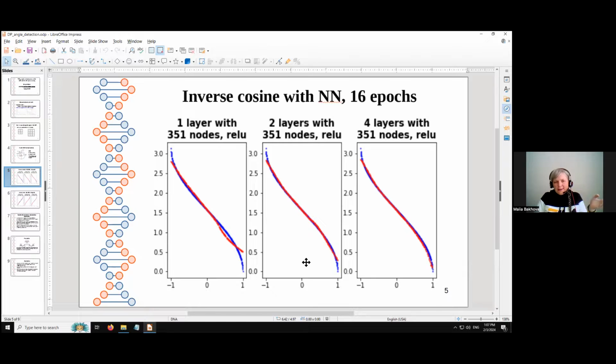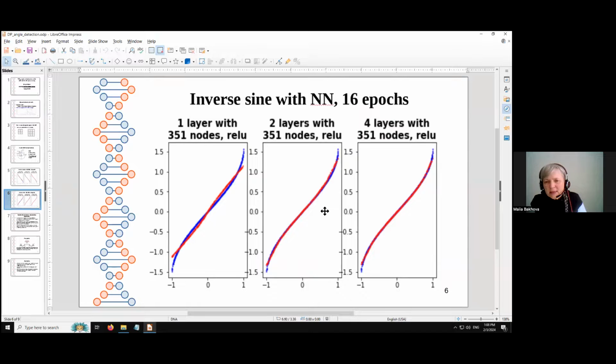Vertical tangent line means that derivatives near these points go to infinity. Basically there is no way to fix it, because this is a function. We have exploding gradients here. We can look at cosine, we can look at inverse sine. It is the same problem here.